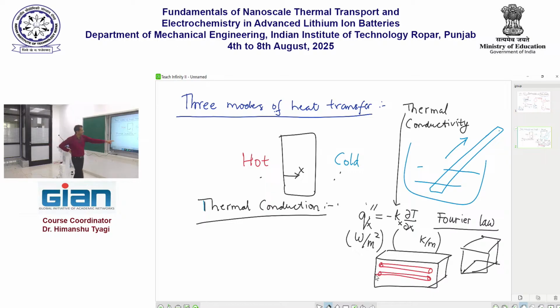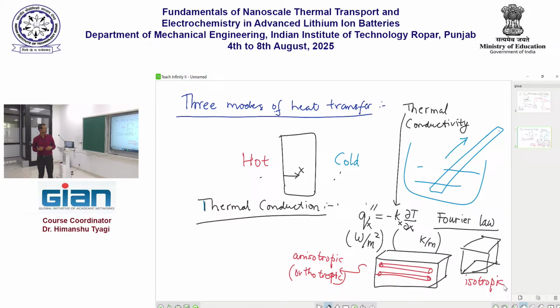And so in this case, heat transfer will be anisotropic or orthotropic, whereas here, the heat transfer is mostly isotropic. The word isotropic means independent of direction. It will happen the same in all three directions.